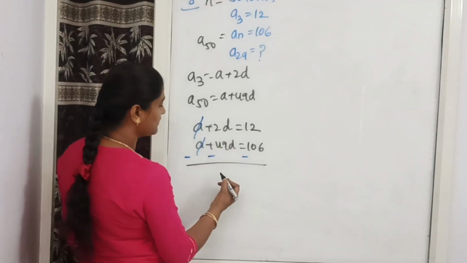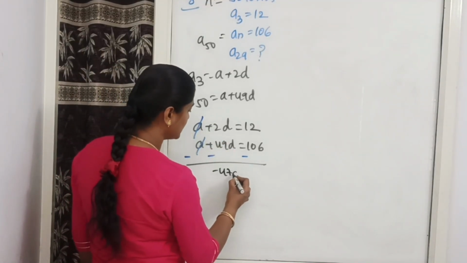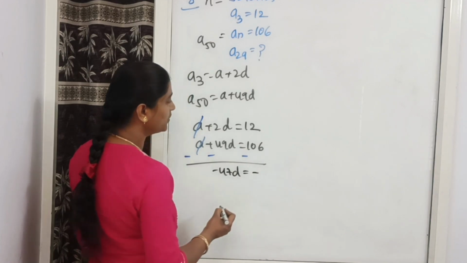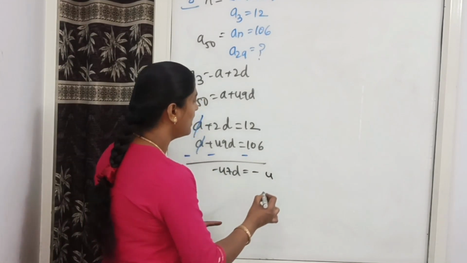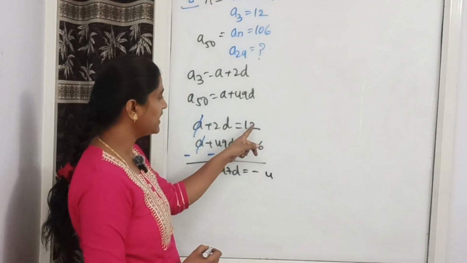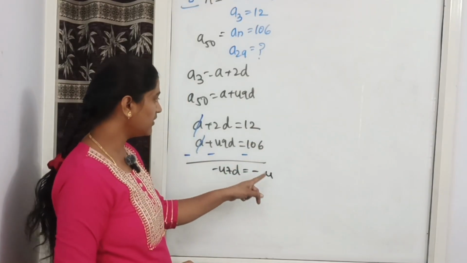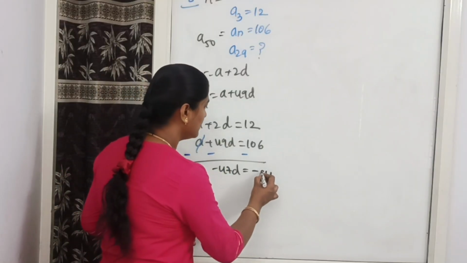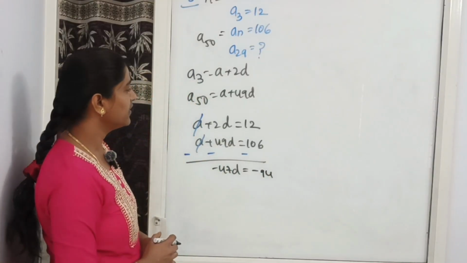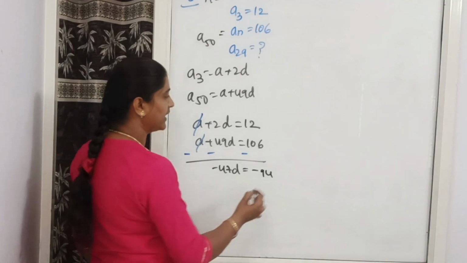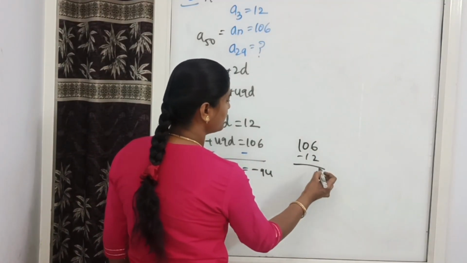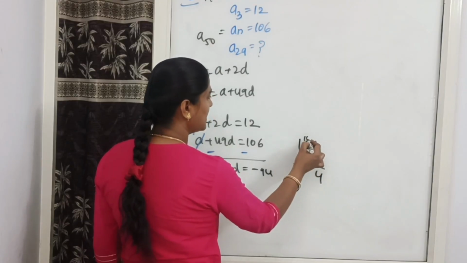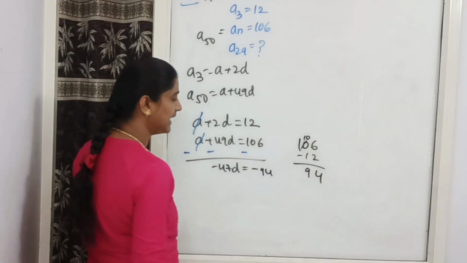And 2 minus 49 is minus 47D, equal to 106 minus 12. 6 minus 2 is 4, 10 minus 1 is 9, so it is 94. You can do it separately if you get confused. 6 minus 2 is 4, and here nothing is there, so 10 minus 1 is 9 only.